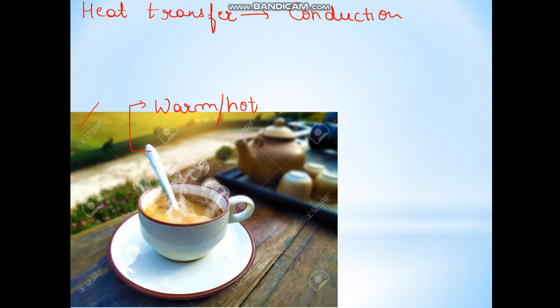So now let us understand how conduction takes place in this example. This is the spoon and this is the handle.